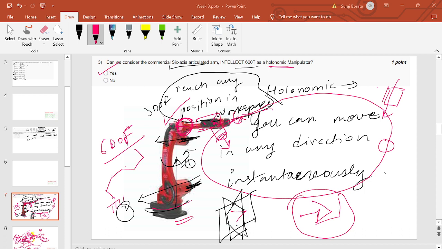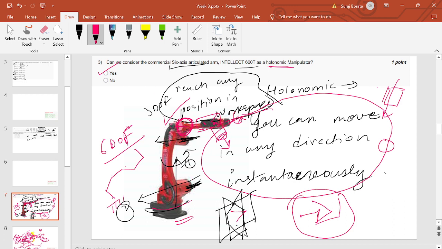Okay, you can explore later on, but I think I have explained in sufficient detail. So when you try to build your own robotic arm, these decisions you have to make on how many degrees of freedom to have. For a holonomic arm which can move in any direction, you need 6 degrees of freedom, and that makes the robotic arm very costly.